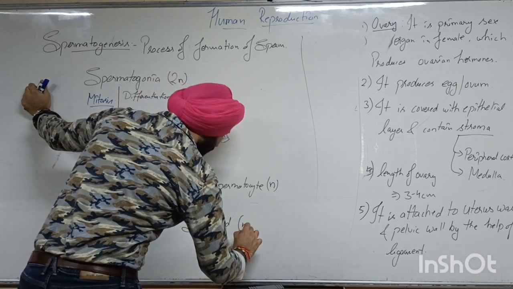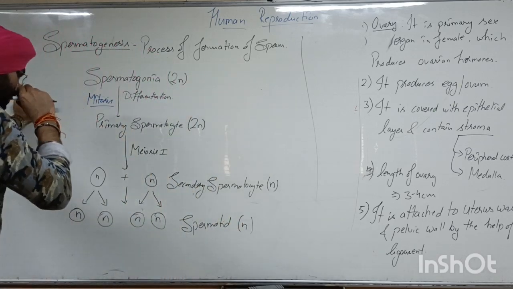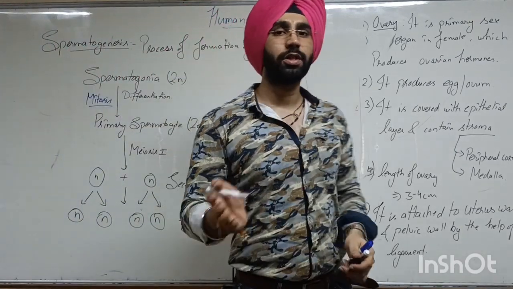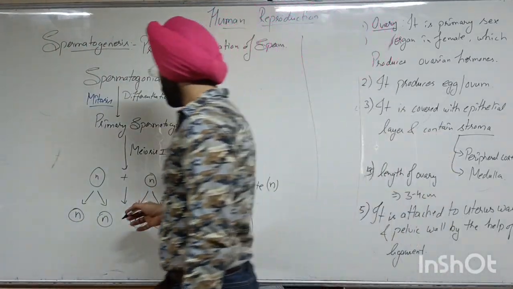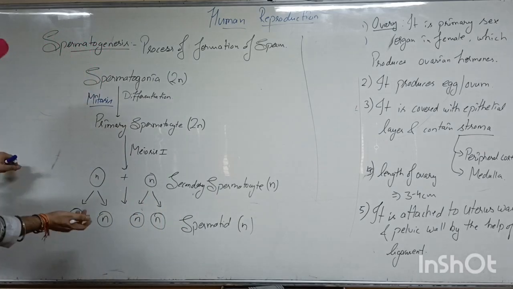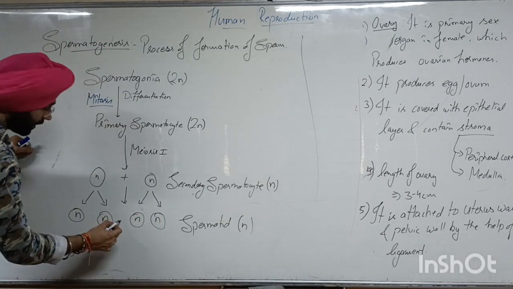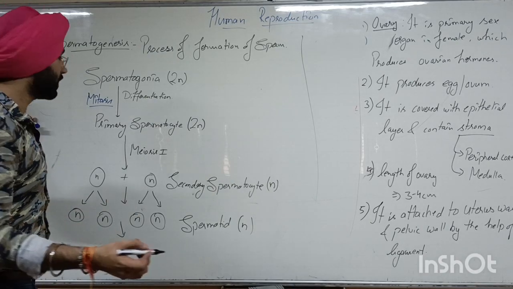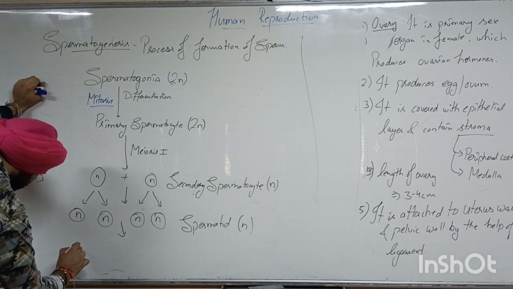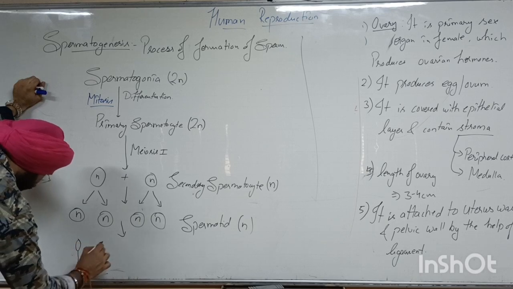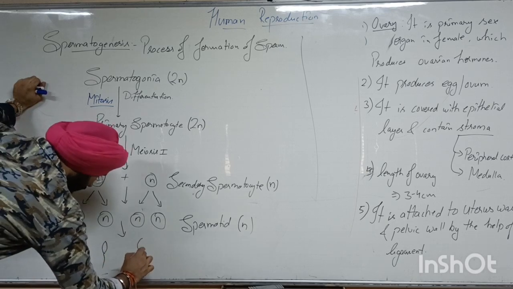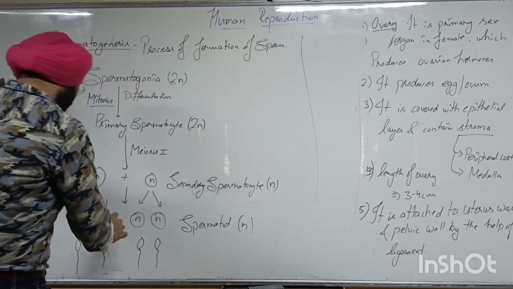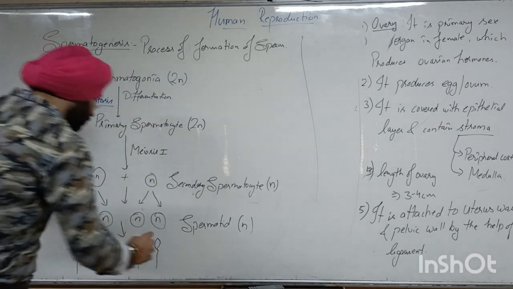The ploidy of spermatid is n. After that there is a process known as spermiogenesis. After spermiogenesis, these spermatids will convert into spermatozoa, or in common layman language we can call it sperm. So now these spermatids are converted into spermatozoa.